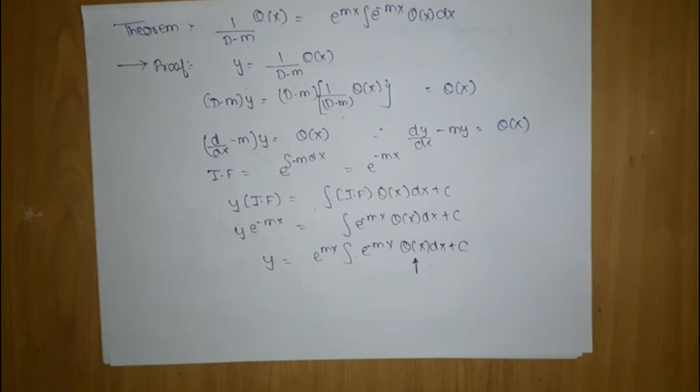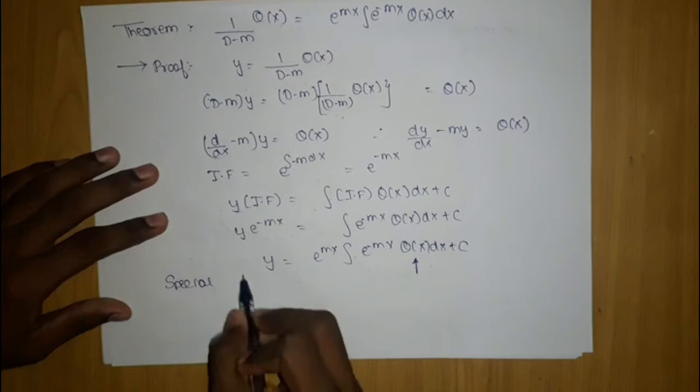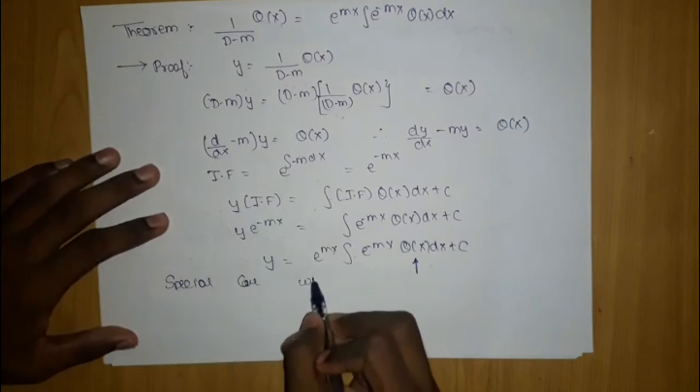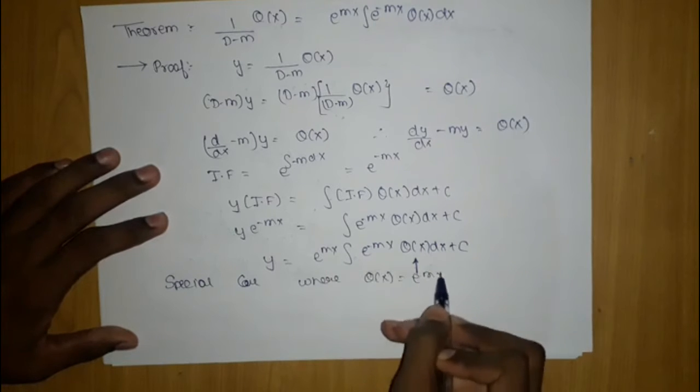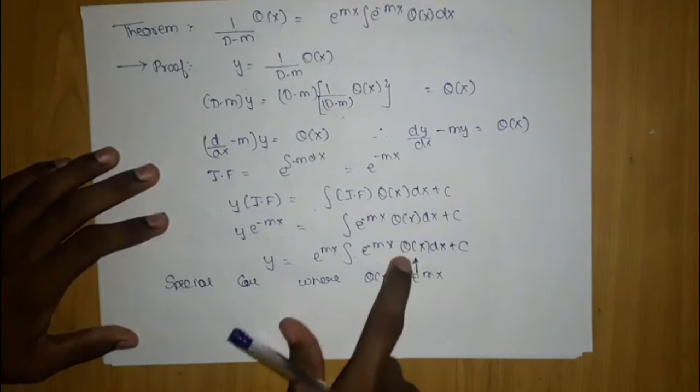Now there is one special case, because it will be used after 10 or 11 lectures. The special case where Q of x is e to the power mx. If Q of x is e to the power mx, then just substitute this here.